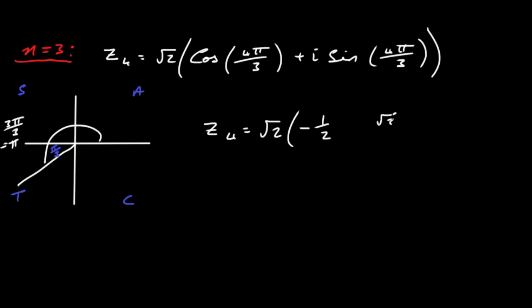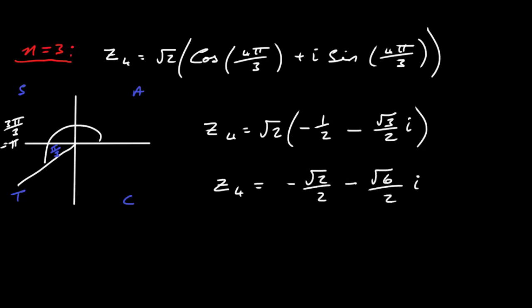So that's going to be root 3 over 2i. Now in terms of the sine, it's in the third quadrant. Tan is positive in the third quadrant, so sine is negative in the third quadrant. So it's minus. Okay, now we have Z4 then is equal to minus root 2 over 2 minus root 6 over 2i. And that's our fourth solution.